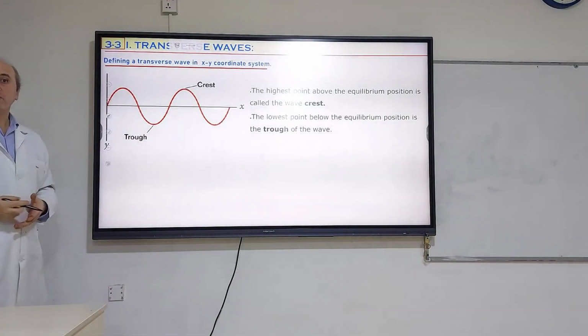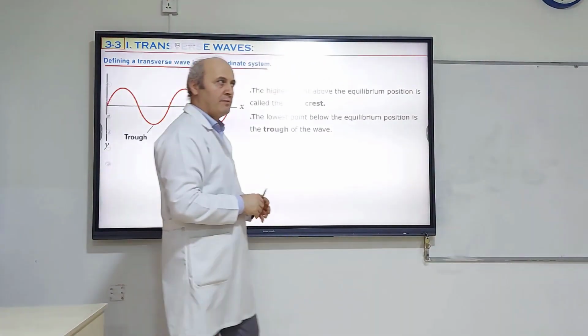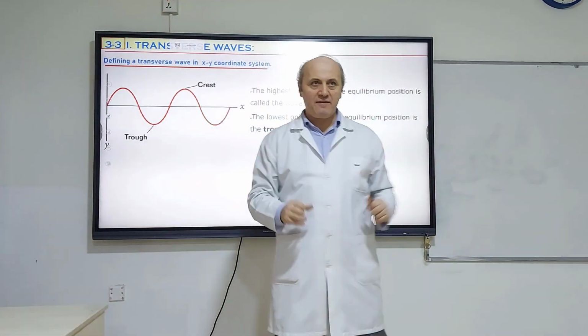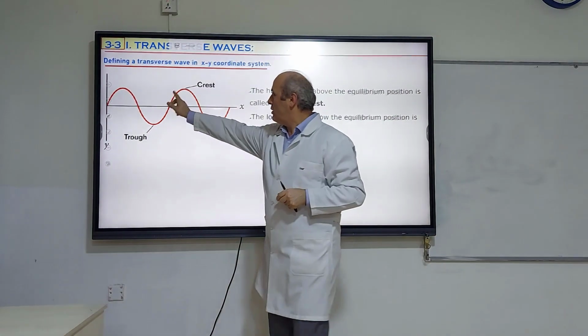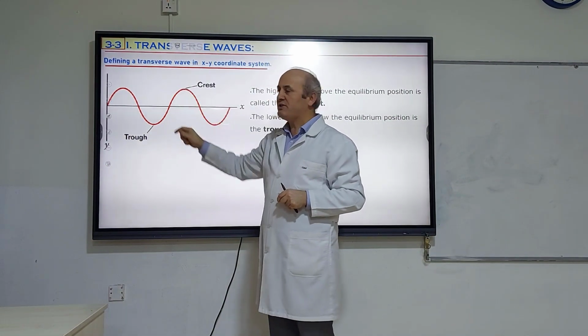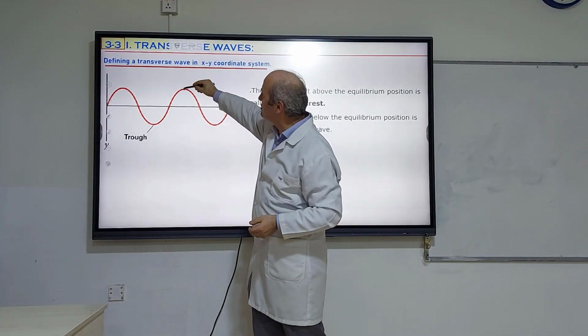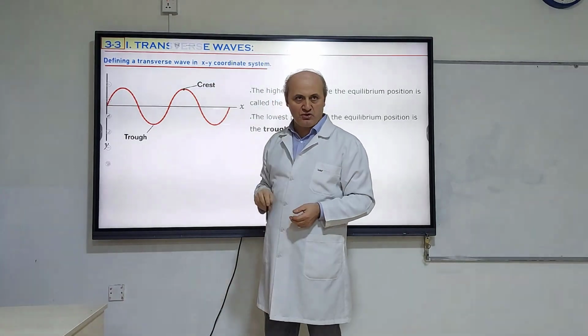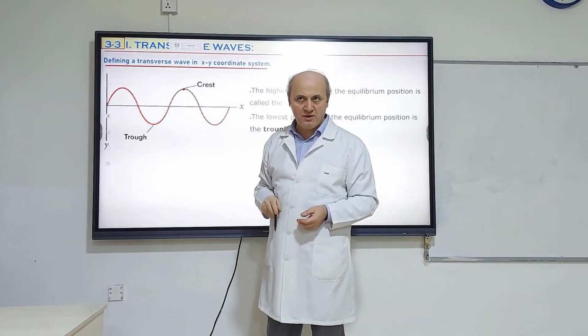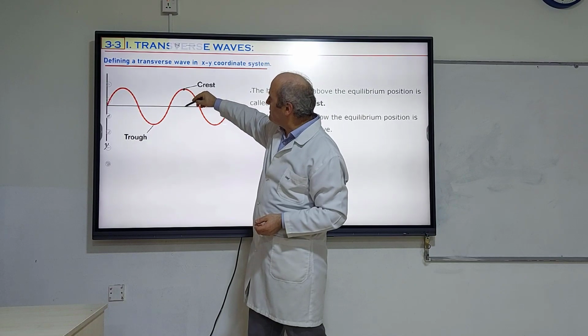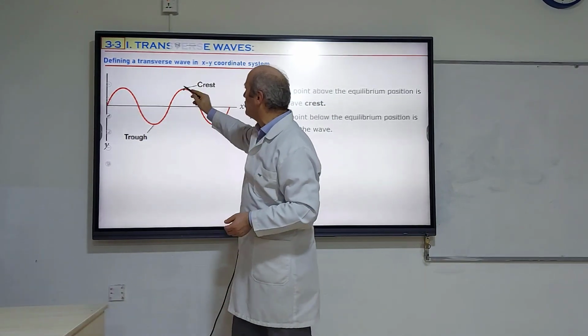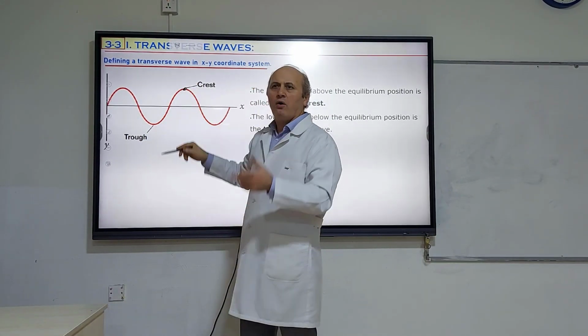So, first we are going to define points. When we take a picture of a wave at an instant, some points will be seen at the highest displacement from the equilibrium position, the farthest displacement. The farthest displacement above the equilibrium position is called a crest.